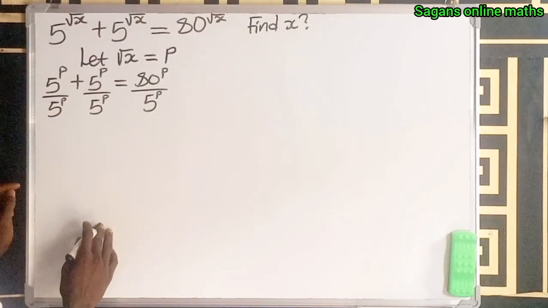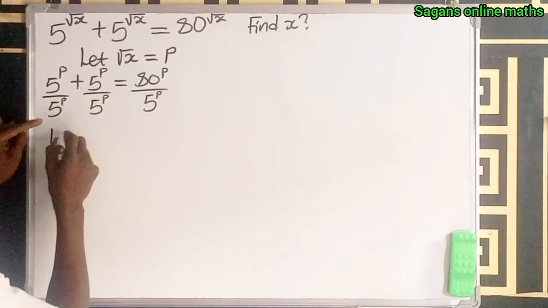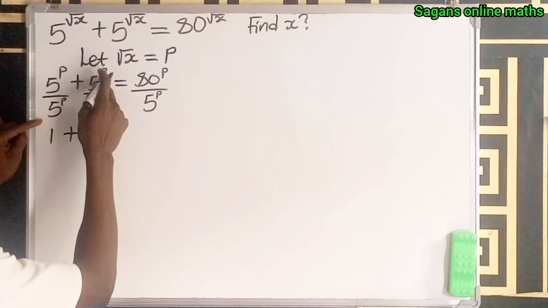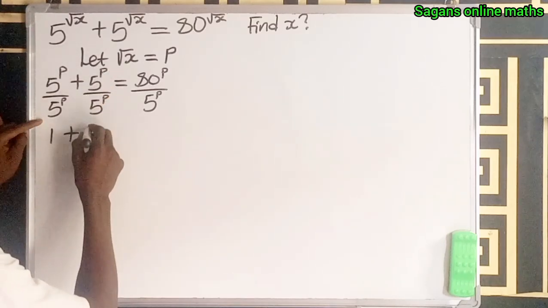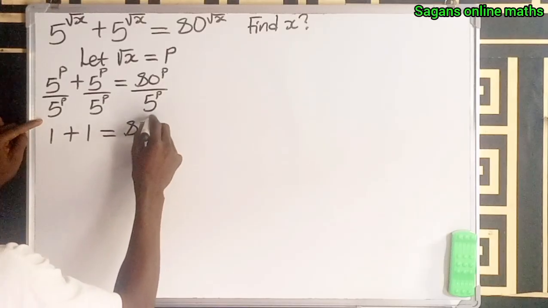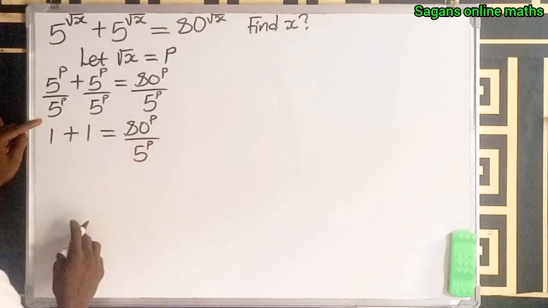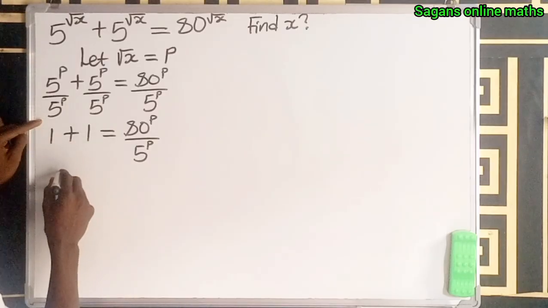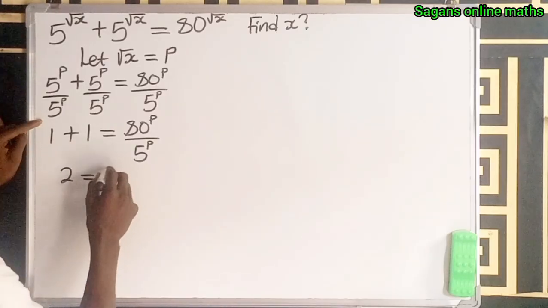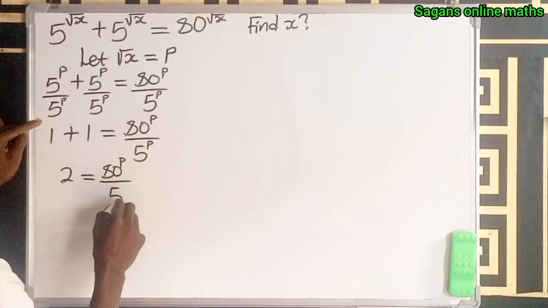Will you all agree with me that 5 to the power of p divided by 5 to the power of p is 1? Plus 5 to the power of p divided by 5 to the power of p is 1, equals 80 to the power of p divided by 5 to the power of p. 1 plus 1 is 2, equals 80 to the power of p divided by 5 to the power of p.